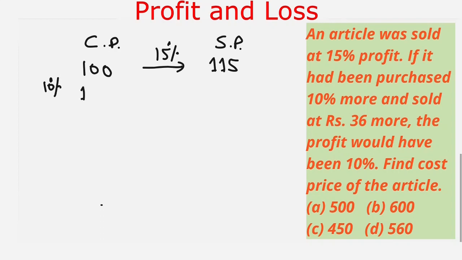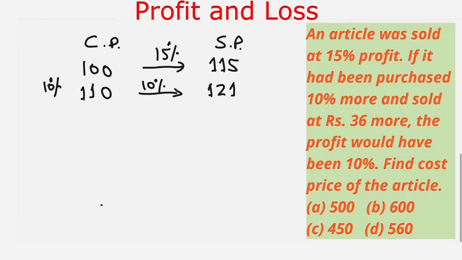Then the new cost price would have been 110 and it was sold at rupees 36 more, giving the profit to be 10%. So first we calculate 10% of 110. 10% of 110 is 11 and 11 plus 110 is 121.